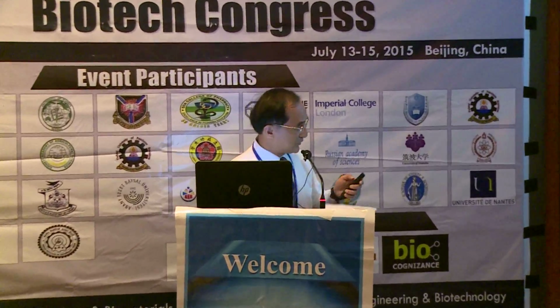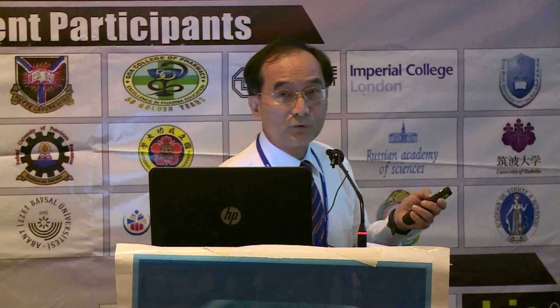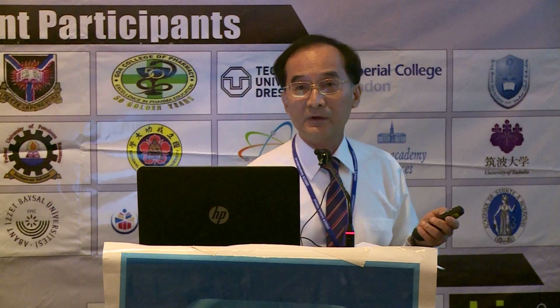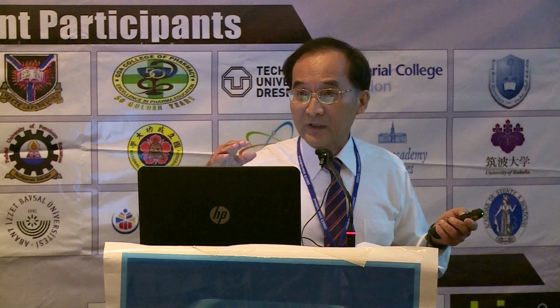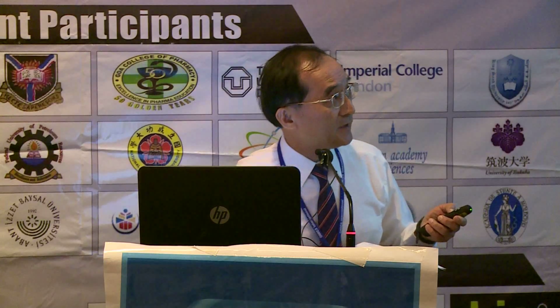So I will introduce the drugs used for treatment of TB. The drugs are divided into first-line drugs and second-line drugs. As I have mentioned, isoniazid and rifampin, the 2 antibiotics, are very, very useful for treatment of TB, and they are cheap, with little side effect, and very effective against TB.